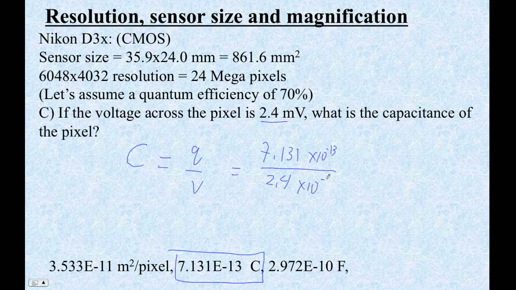There we go, 10 to the minus 3, right? So divide this number on my calculator by 2.4 E minus 3. And that's 2.972 times 10 to the minus 10th farads. My gosh, will this problem never end?